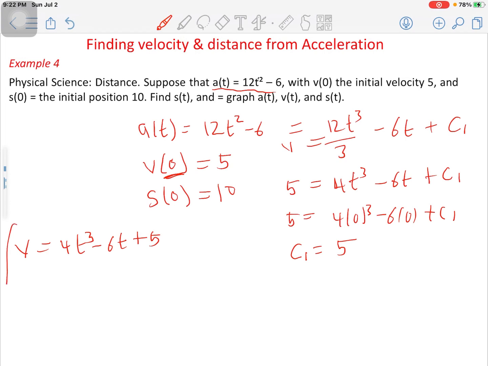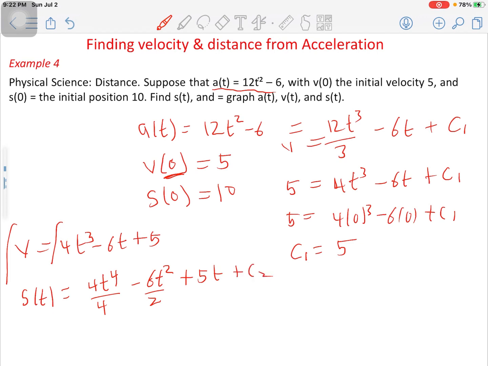When we integrate it, we are going to get s of t equal to 4t power 4 over 4 minus 6t squared over 2 plus 5t. And don't forget our arbitrary constant of integration, plus c2.